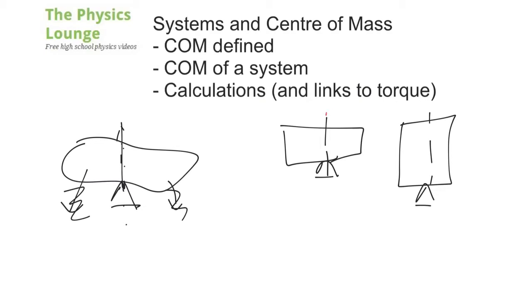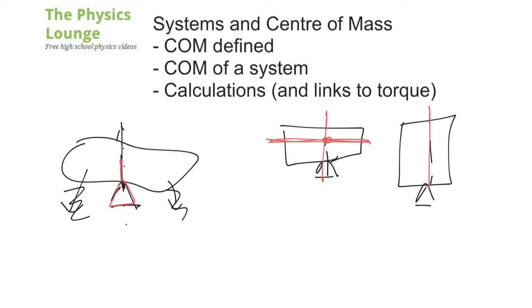Those two lines of intersection give you the centre of mass for a two-dimensional object. You can take a third line of balance to find the centre of mass of a three-dimensional object, and presumably a fourth for a four-dimensional object. So the centre of mass is defined, I guess, as the point where the weight bears down, or you could call it the balance point where it balances nicely.